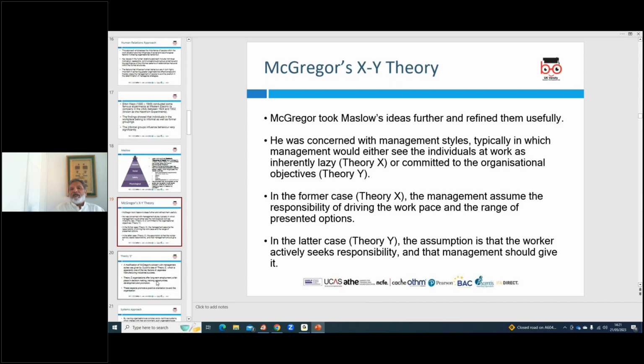So basically, he divided the people. He said people are lazy, they don't want to come to work. He said people do not want to assume responsibility.